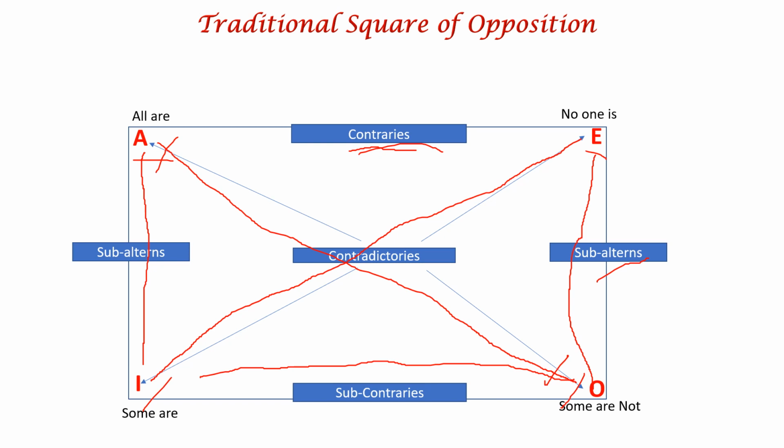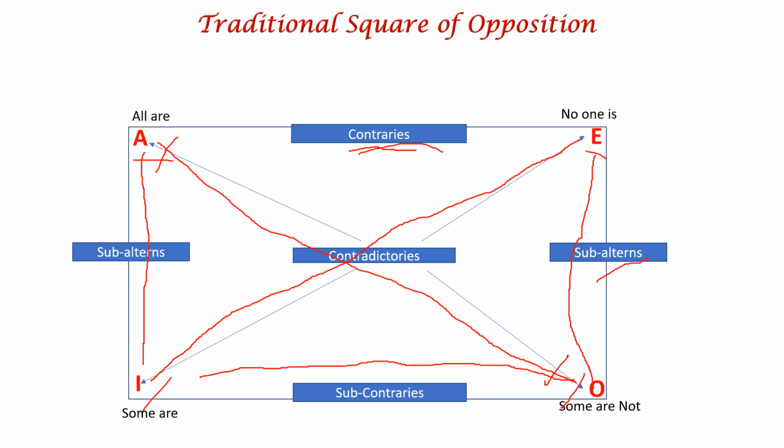And coming to the subaltern type of relationship. So this relationship, subaltern, remember this always. Truth flows downwards and false goes upwards.